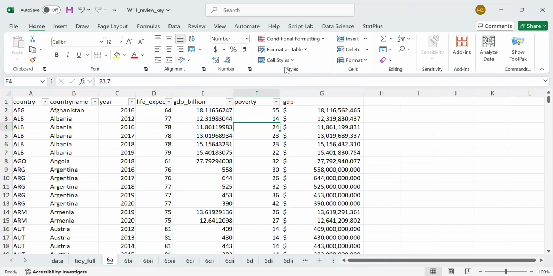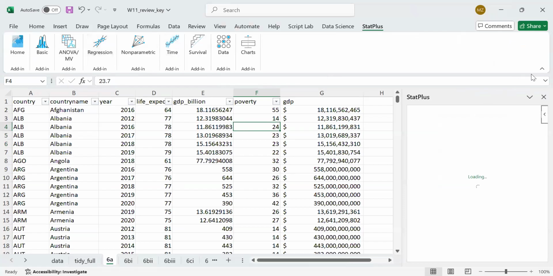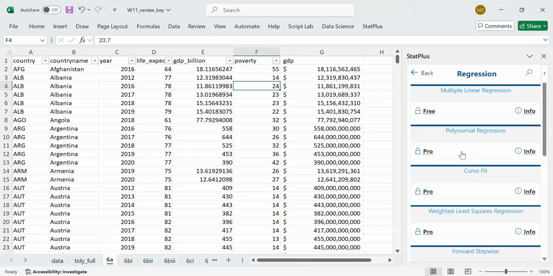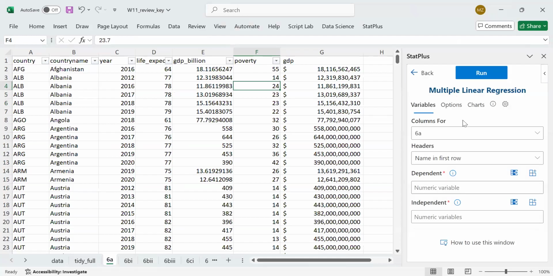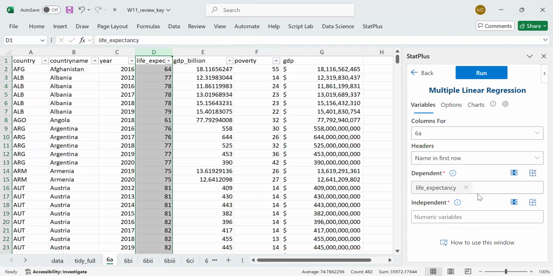So what you can do is use that StatPlus tool and go to regression and new analysis, regression, multiple linear regression. And for your dependent variable, the dependent variable is your life expectancy. So you can put the column D in for that. And then you have two independent variables.